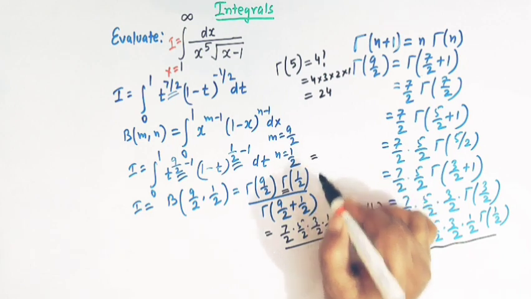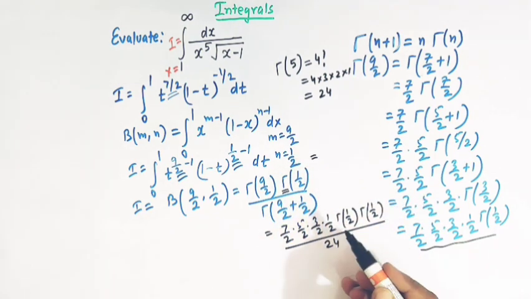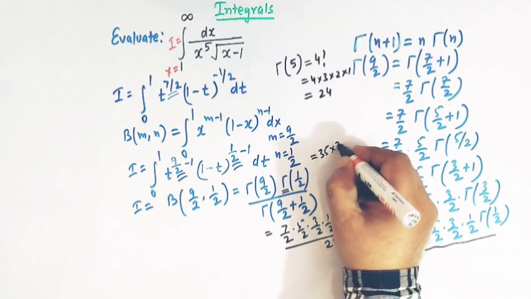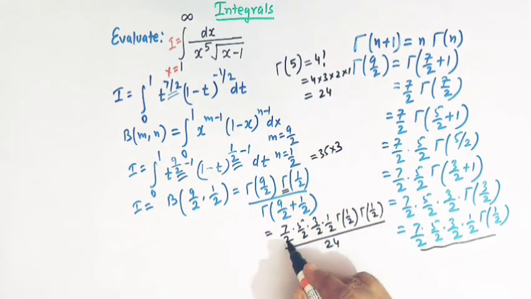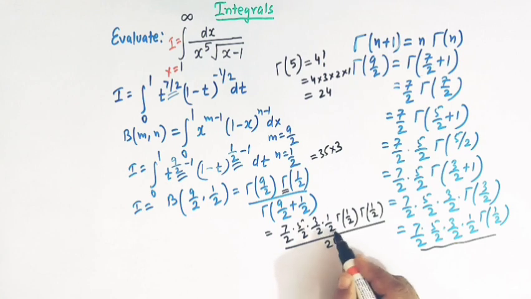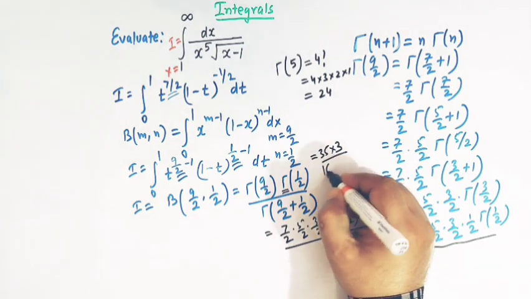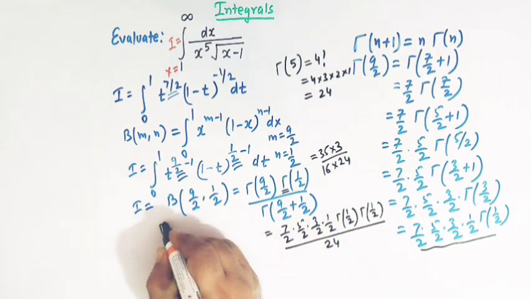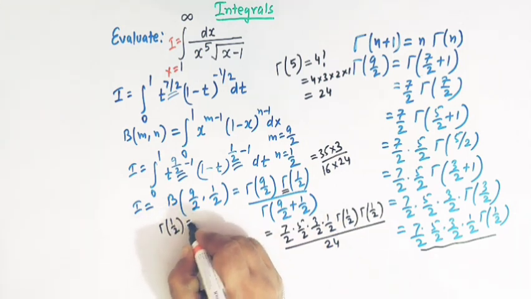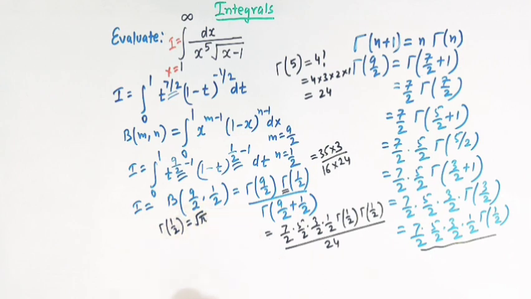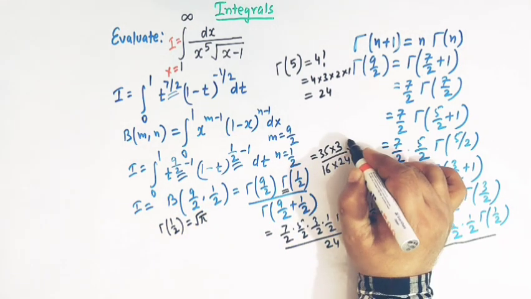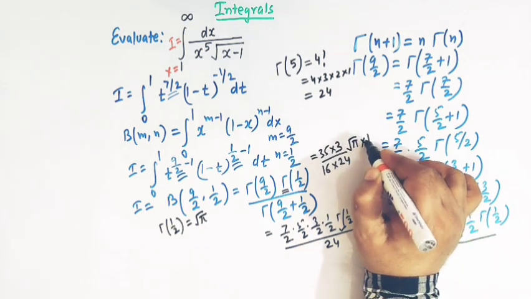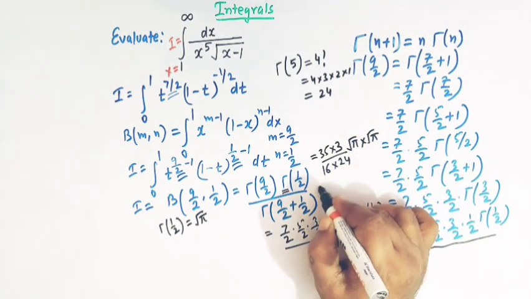So now see, this is 7 5s are 35, 35 times 3, then here we have 2 to the 4, to the 8, to the 16. So we have 16 times 24, and we know that gamma of half is equal to square root of pi, right? So now here we have square root of pi, and again we have here square root of pi, right?